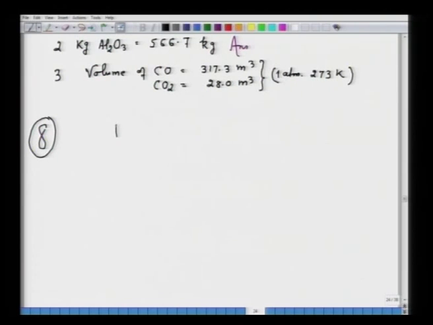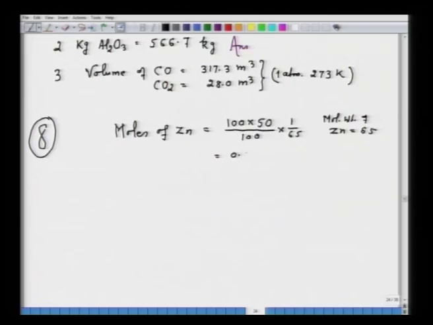Say you start with the moles of zinc, that will be equal to 100 into 50 upon 100 into 1 upon 65. Here the molecular weight of zinc I took 65. So, I will be getting here 0.77 kg moles.